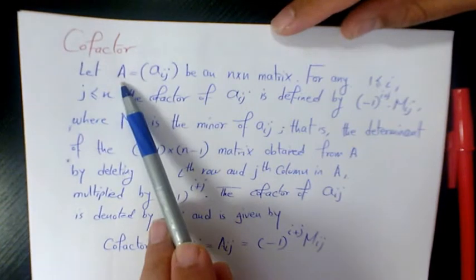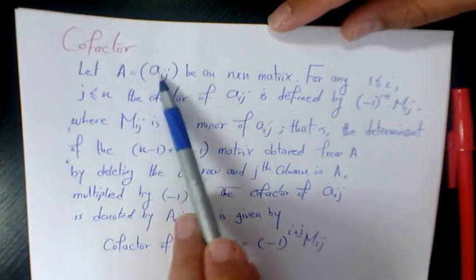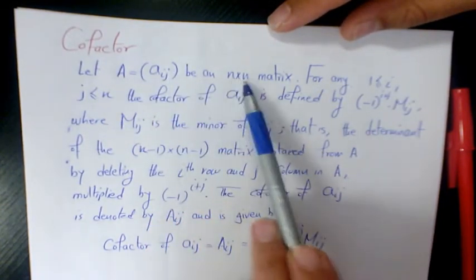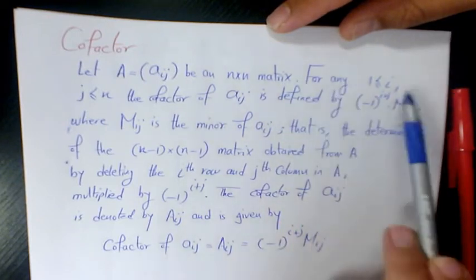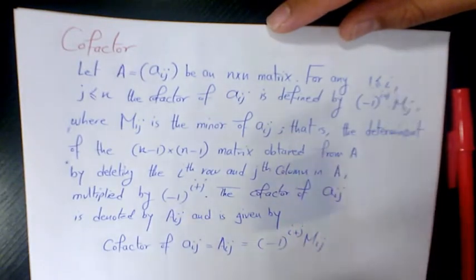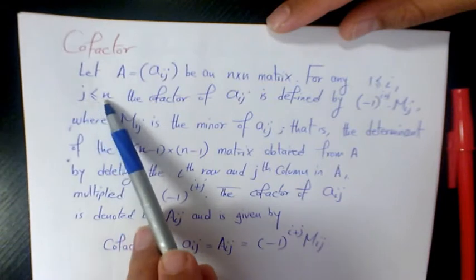Now the next topic is cofactor. Let A consist of aij be an n by n matrix, for any i equal or greater than 1 and j equal or less than n.